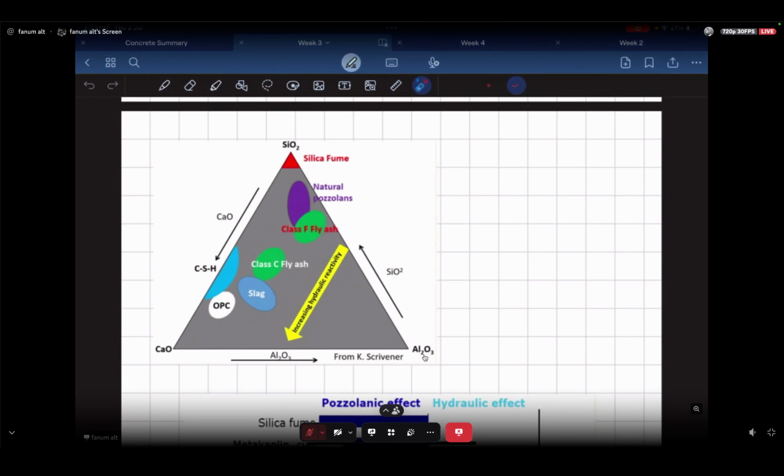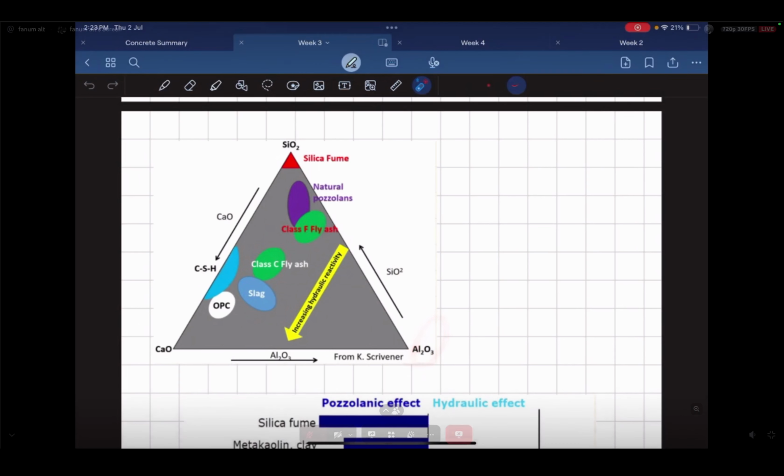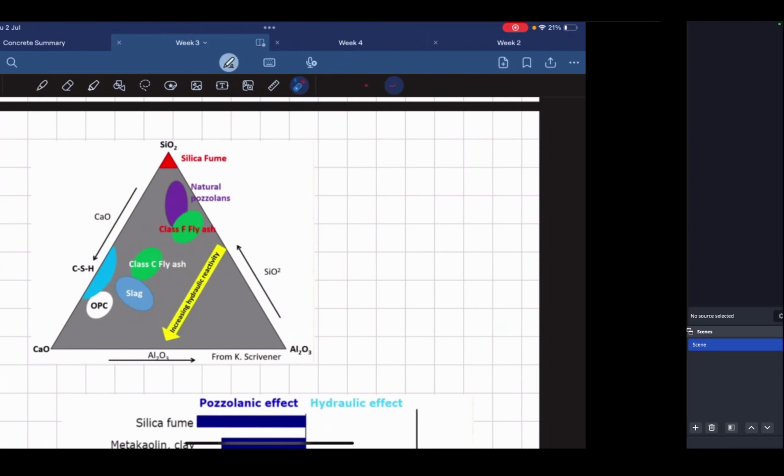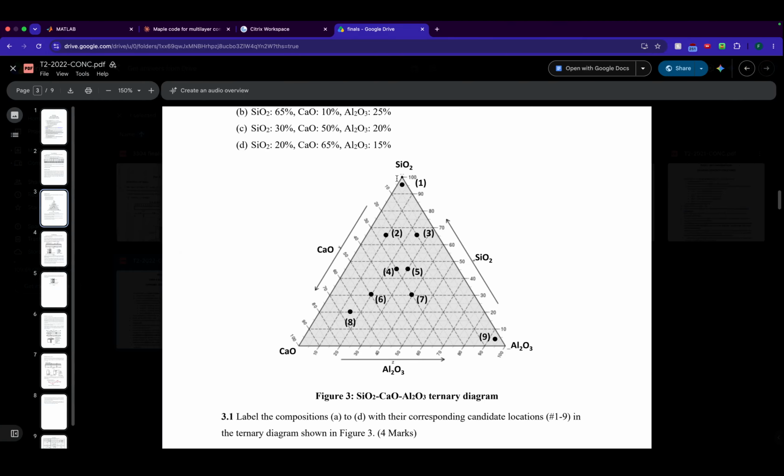You see something like this, right? You've got Al2O3, whatever that is, carbon monoxide, whatever that is, which is also depicted on this diagram. One of the questions you will probably be asked is, what are each of these materials?